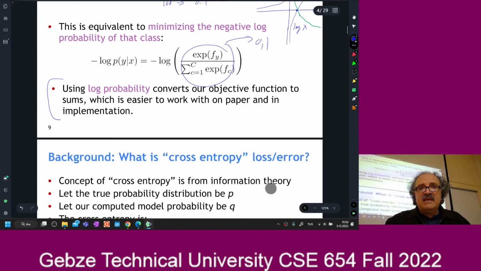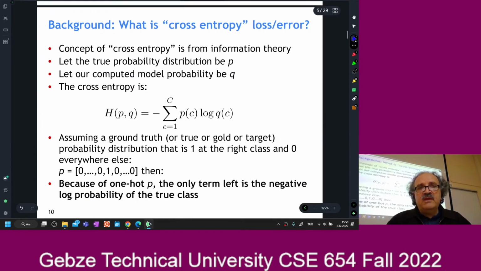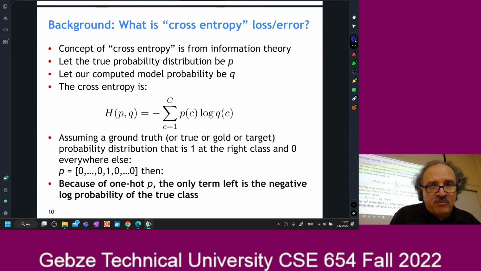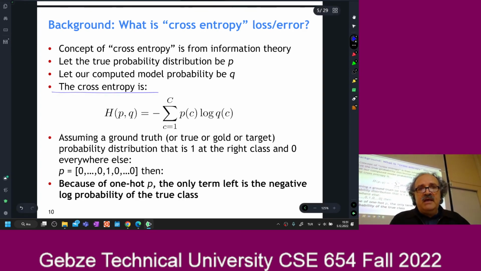Take the probability of the correct class, the true probability distribution, and take the minus log likelihood of my estimation, multiply and add them. It will be the same as multiplying all those probabilities together. And this is called cross entropy, and it is from information theory.